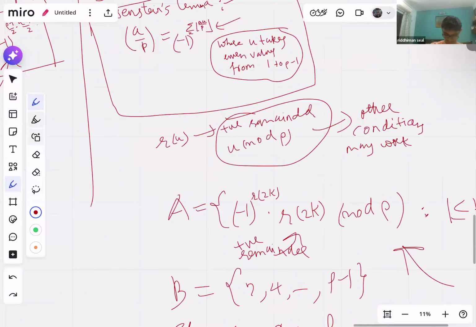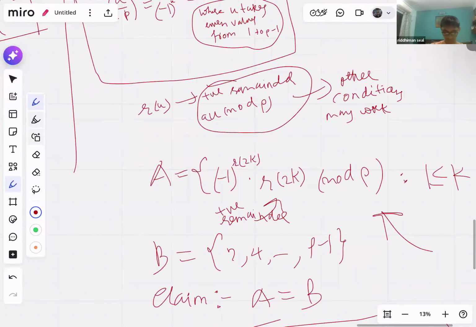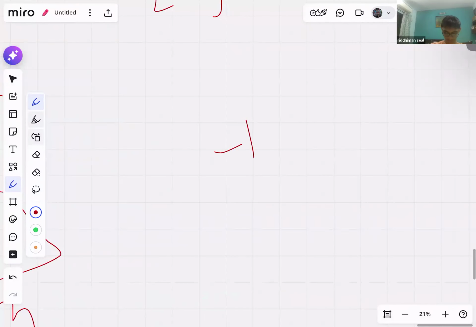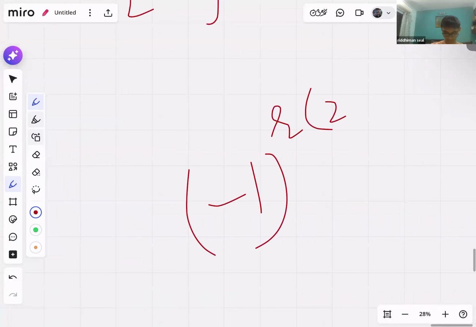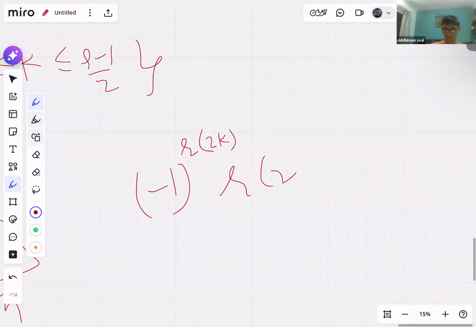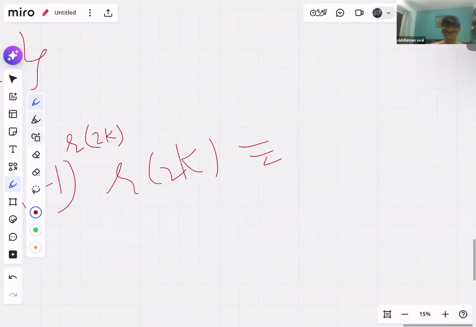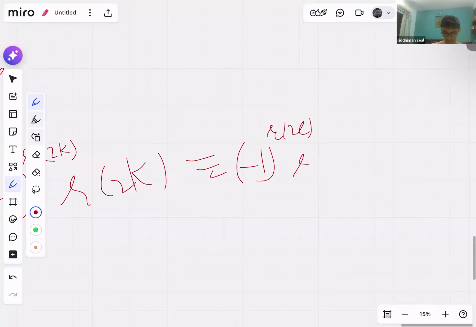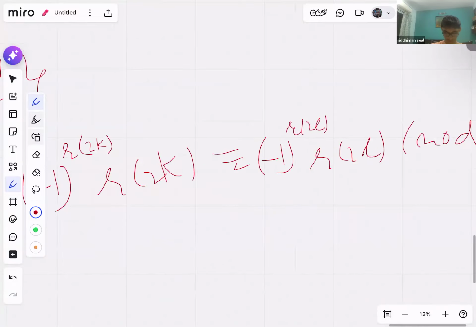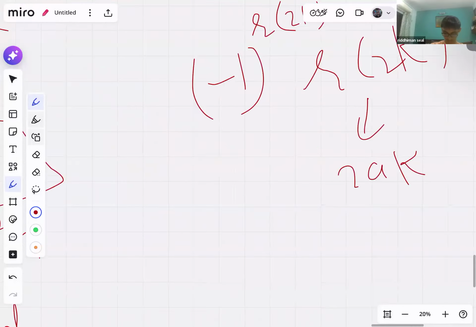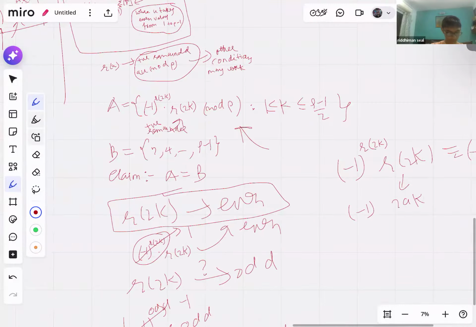Suppose minus 1 to the power of R of 2k times R of 2k is congruent to minus 1 to the power of R of 2l times R of 2l mod p.